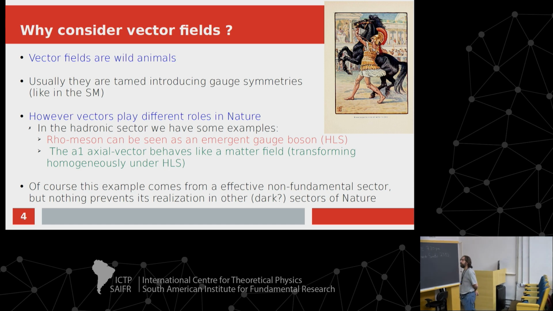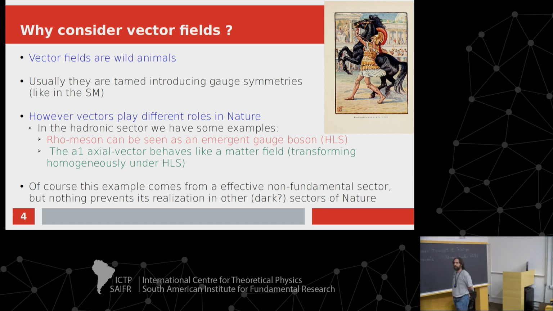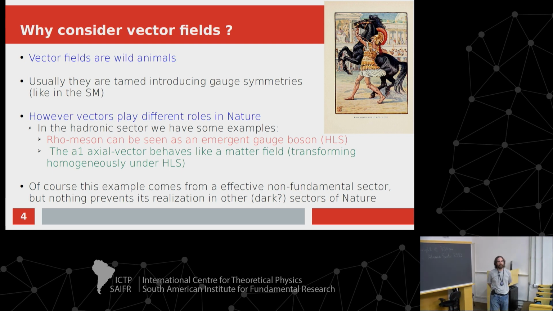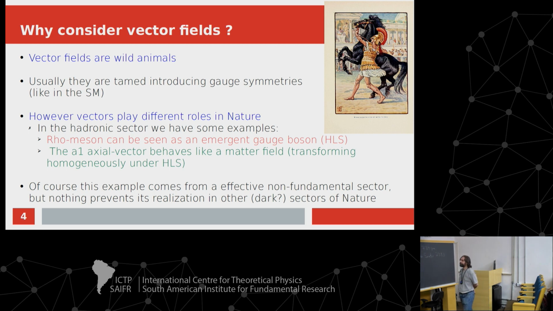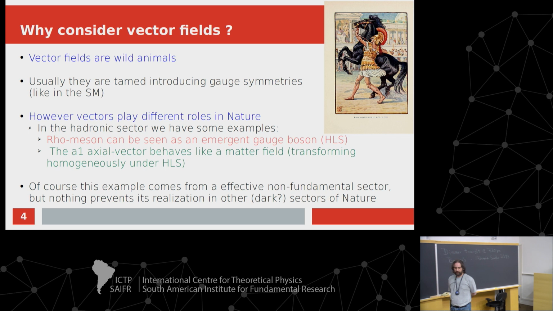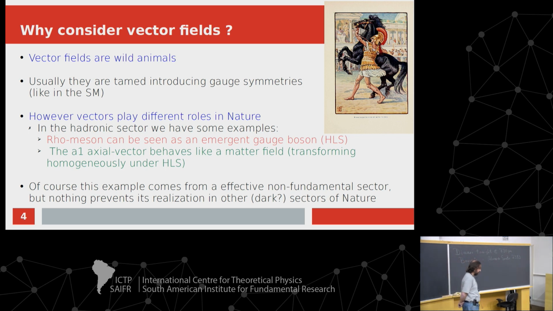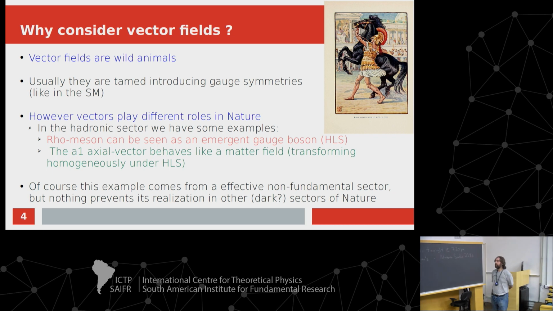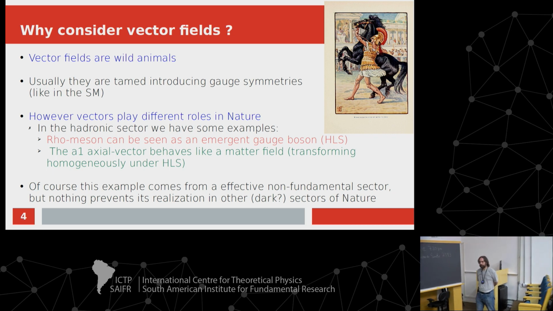But the A1 axial vector behaves like a matter field in the sense that it transforms homogeneously under the hidden local symmetry. And of course, this example comes from a non-fundamental sector. But anyway, nothing prevents its realization in the dark sector of nature.